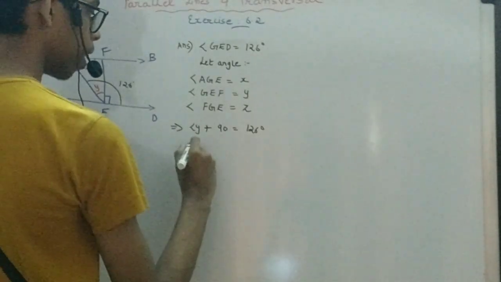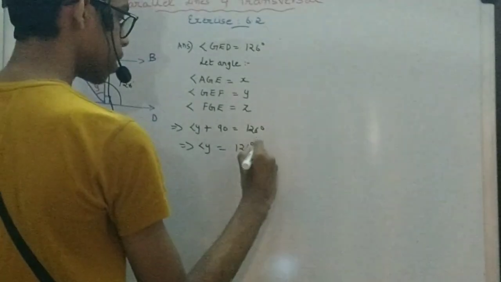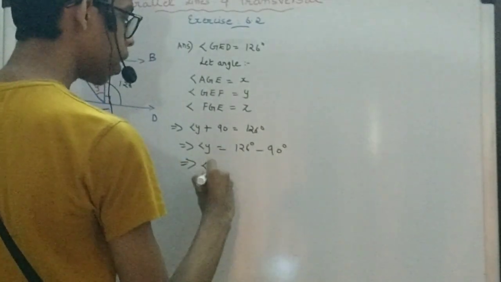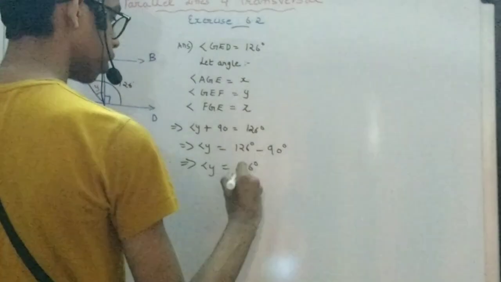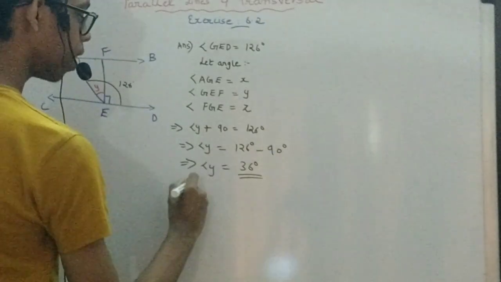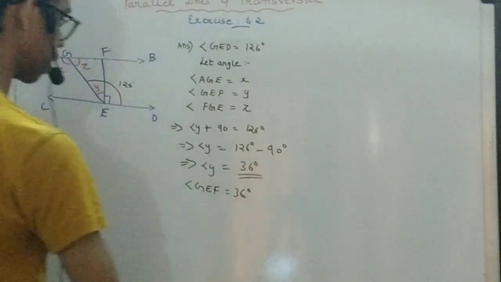So angle Y is equal to 126 degree minus 90 degree, which is equal to 36 degree. So we got angle GEF is equal to 36 degree.